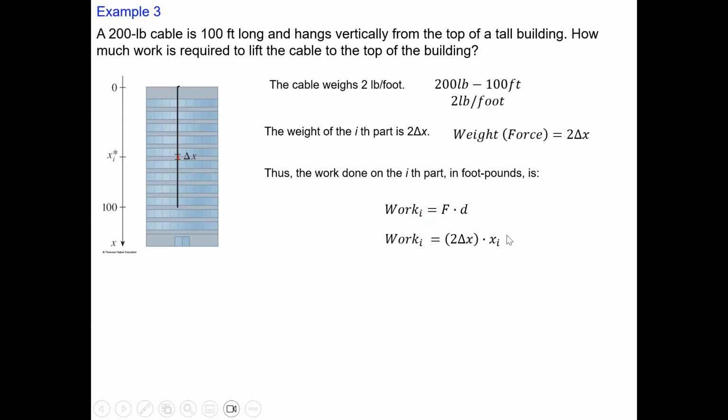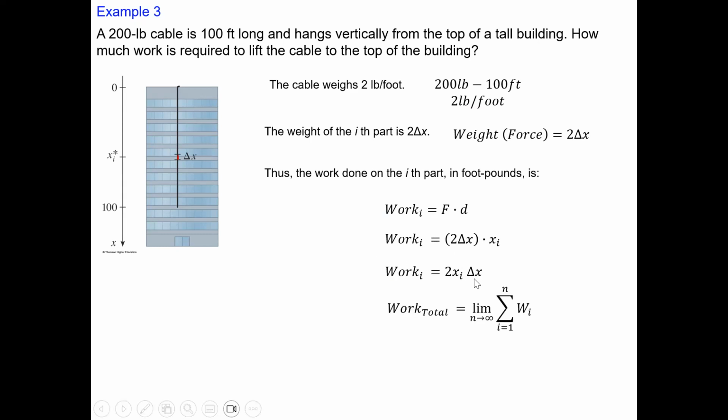That means this will change from 0 to 100, or from 100 to 0, and that's the reason we have the sample point x sub i. Now I just changed the order to x sub i delta x, because delta x is not changing, it's approaching 0.